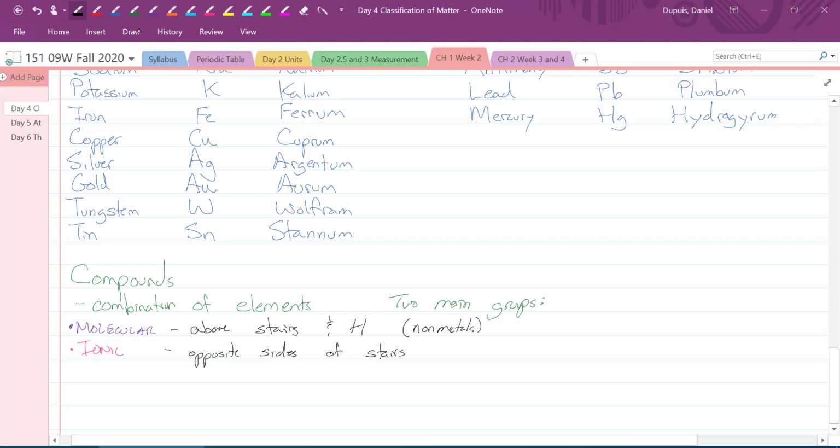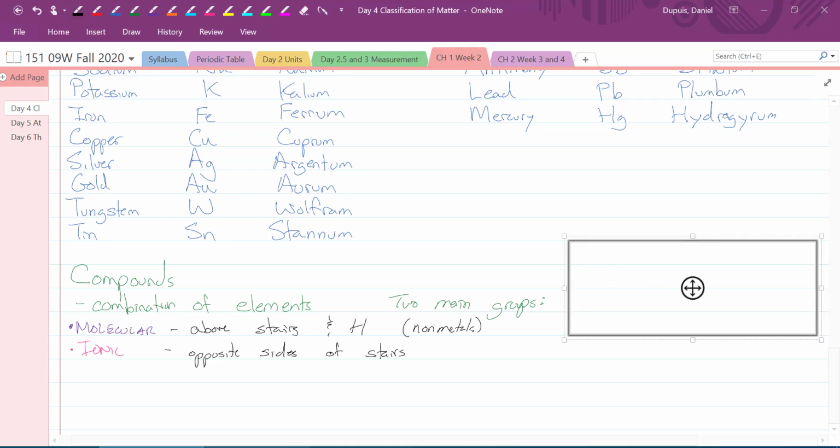So if we look at a periodic table, there's my periodic table. And yes, it doesn't look quite like that, right? The stairs actually go this way.